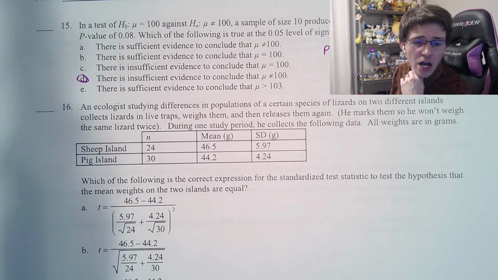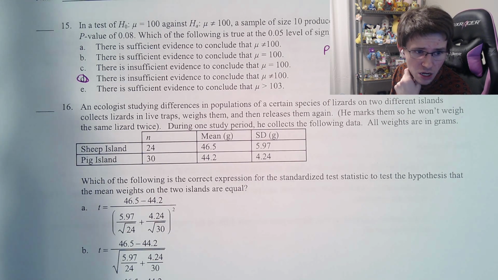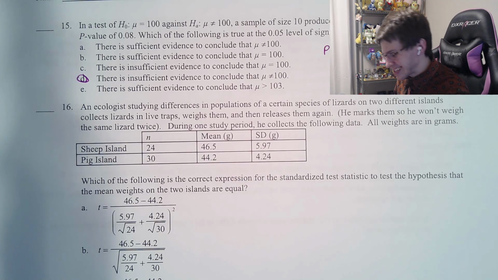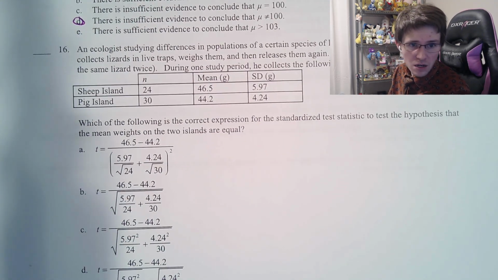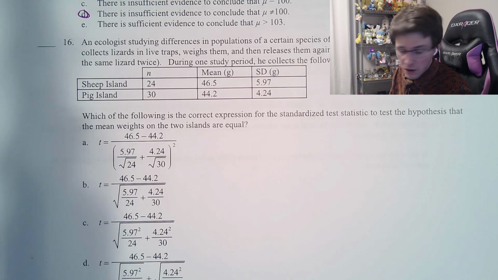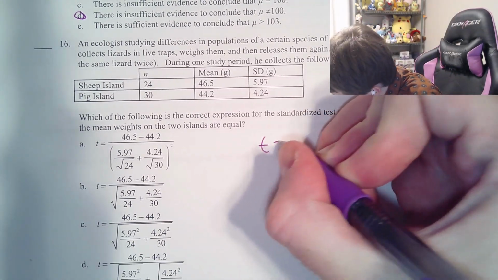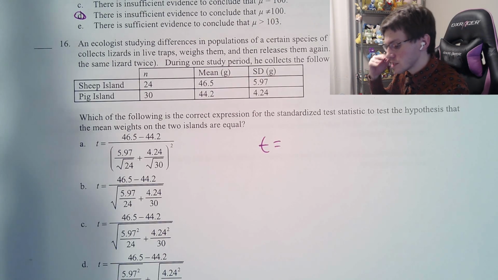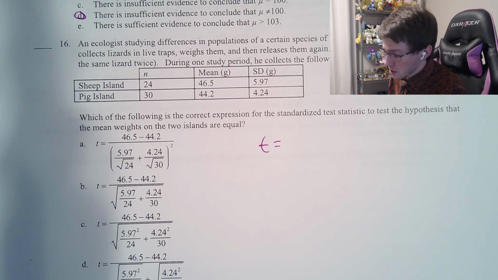All right, an ecologist question. Which of these is our standardized test statistic? We want to make sure we're aware of this one. Our t formula is on our formula sheet, but it's exactly the same really as our other proportion one.